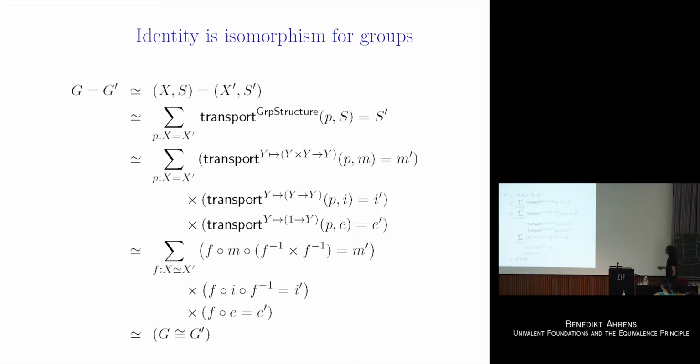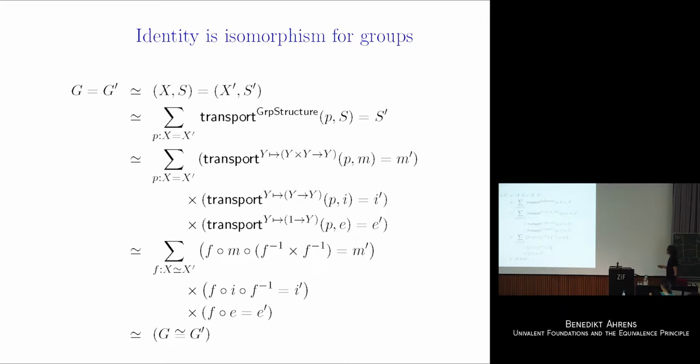It means that transporting the multiplication along this identity P gives the multiplication on the other side. The transport of the inverse along this identity P gives the other inverse, and the unit transported along P gives the other unit. So this is all very intransparent. I still haven't explained what this transport is.